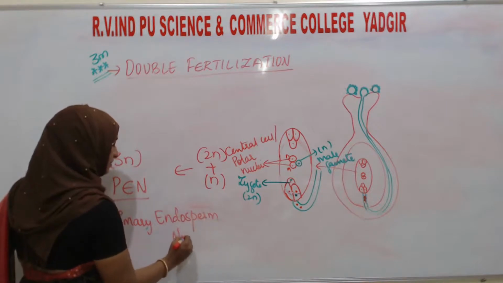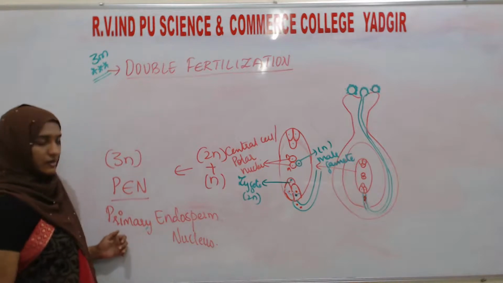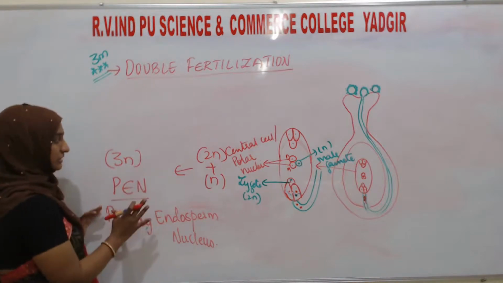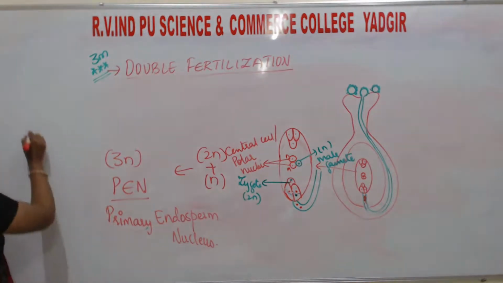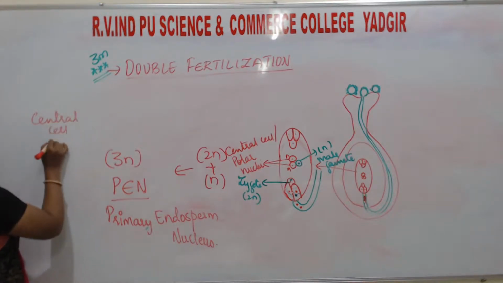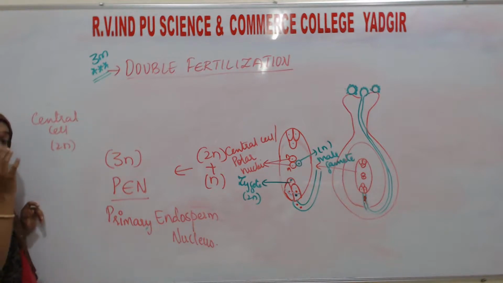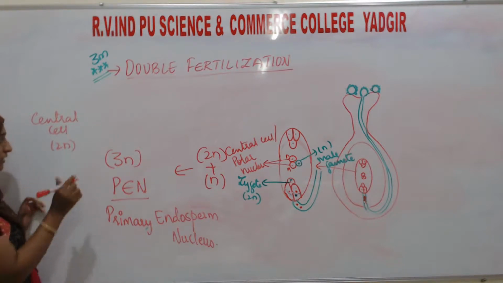What is the primary endosperm nucleus? Once again I will tell you, the central cell is already diploid because there is a fusion of 2 nuclei, fusion of only nuclei, not cells.